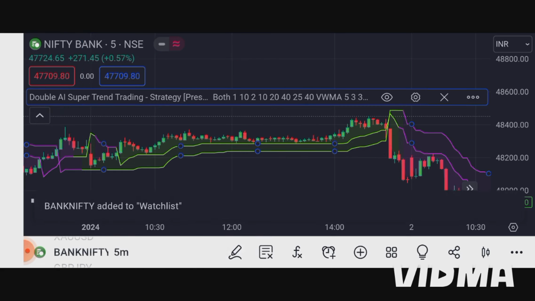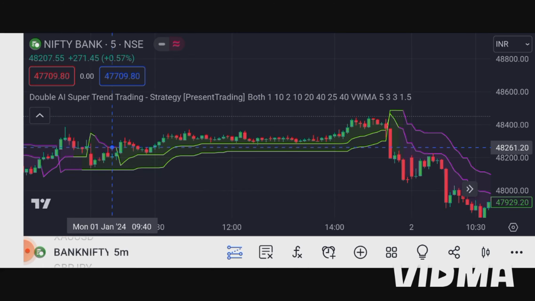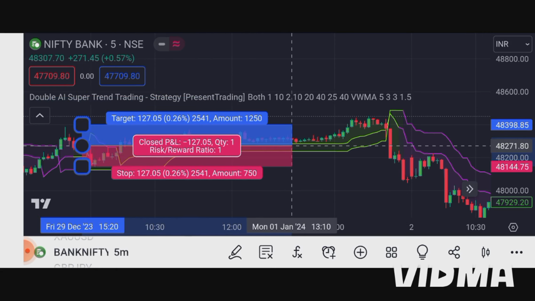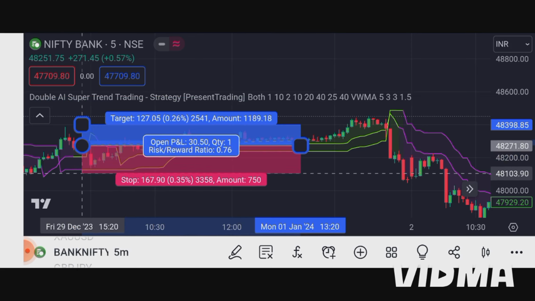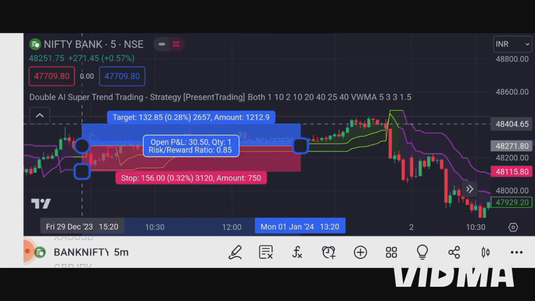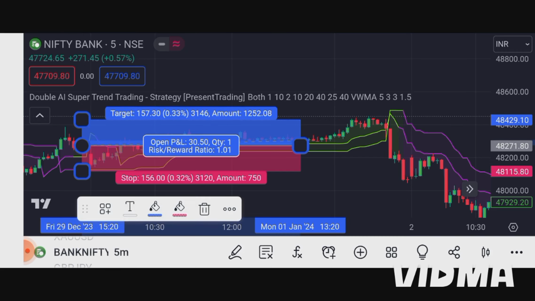We go for a long trade. And your stop loss is always below the second Super Trend, below the Super Trend. Your risk reward is minimum 1 to 1.